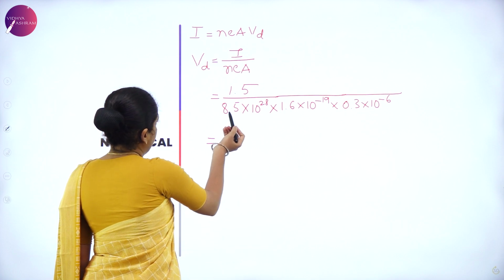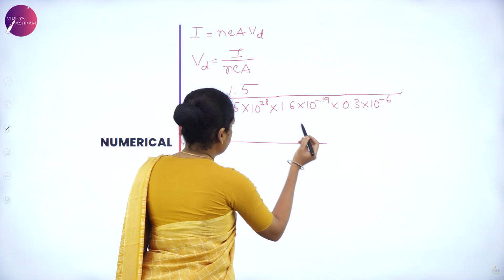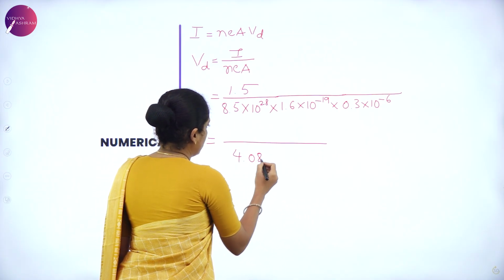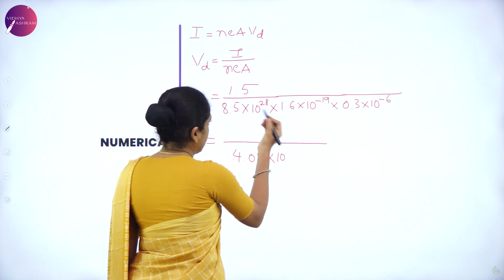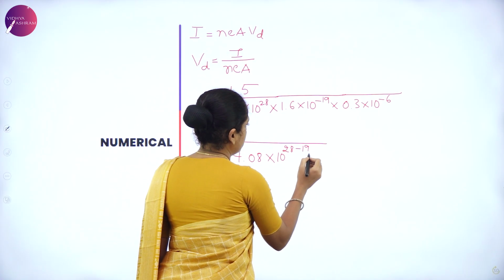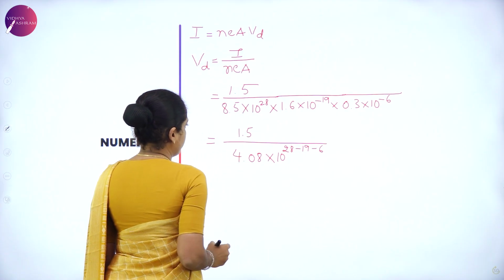By multiplying 8.5, 1.6, and 0.3, we have in the denominator 4.08, and 10 power 28 minus 19 minus 6, and in the numerator 1.5.